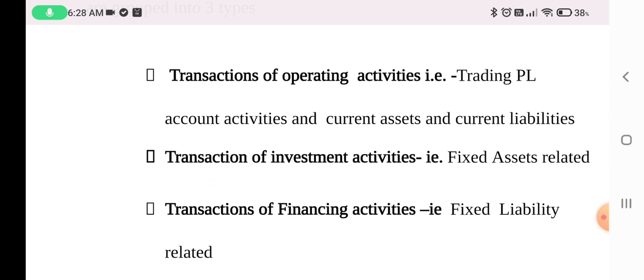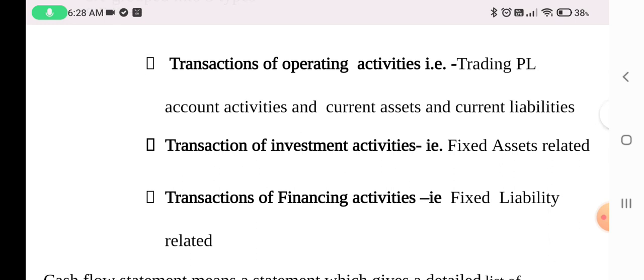So because of your operation, you are paying salary, you are paying wages, you are paying electricity bill. So all the cash balance is going out. In the same way, you are receiving interest, you are receiving dividend, and you are receiving some other income. So your cash comes inside. So because of your business activity, the cash balance may be either increased or decreased.